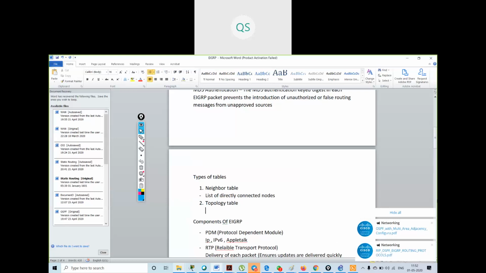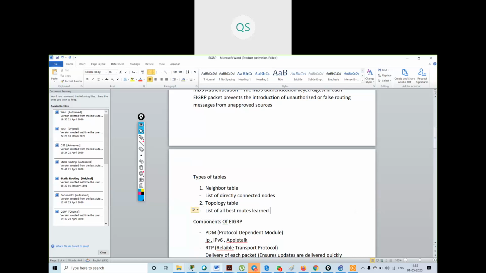Topology table is something list of all best routes learned from each router. Understood? So what do you mean by list of all best routes learned from each router?